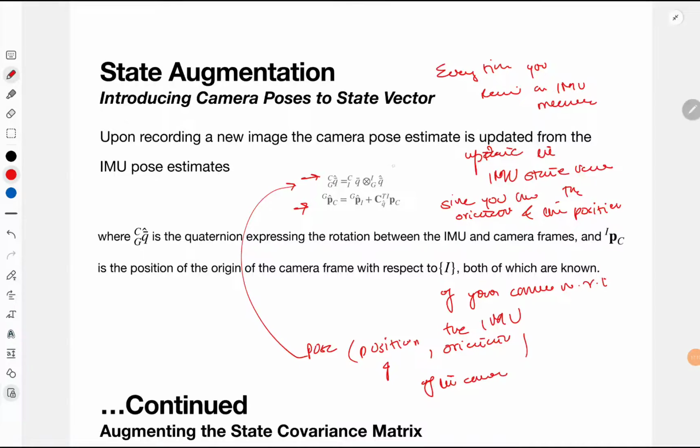So for example, here, let's say you propagated the IMU into this new state which has a quaternion of this thing.